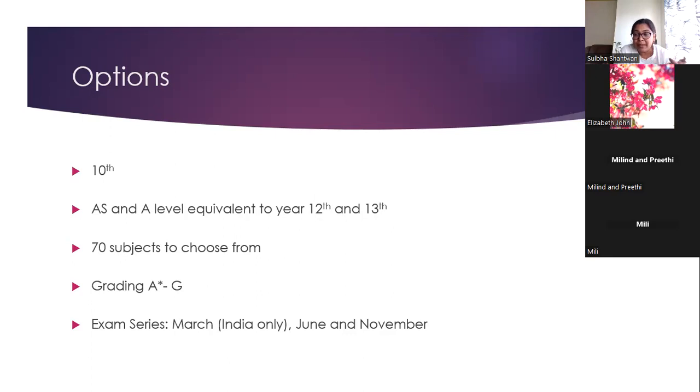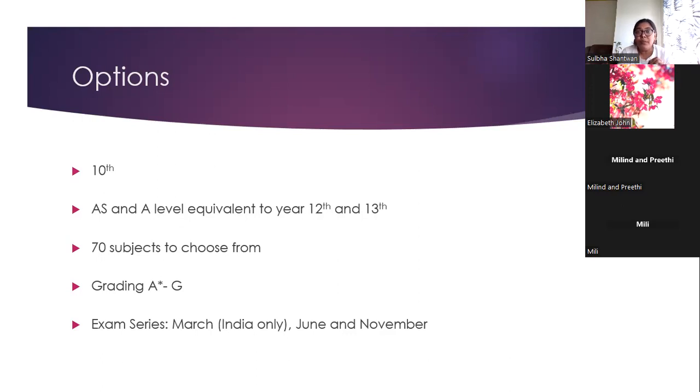So wherever we are applying, we need to get in touch with the college and find out whether they need a particular combination of A level subjects and AS level subjects. That is something we need to do as homework before we choose our subjects at A levels and AS levels.